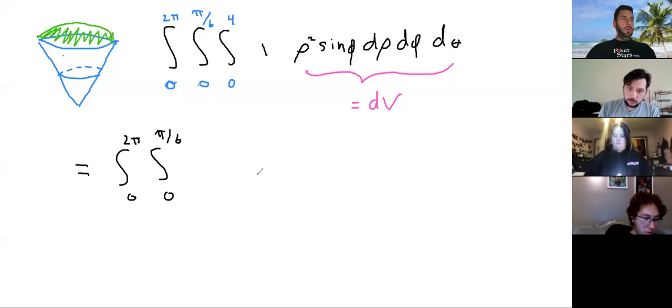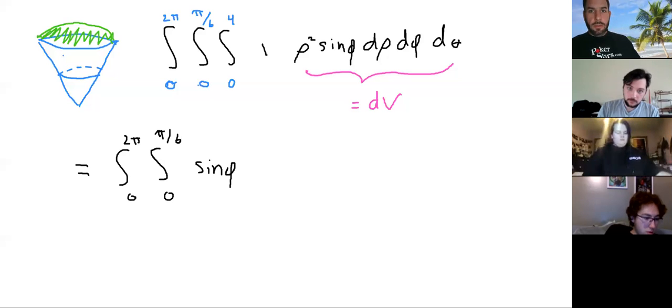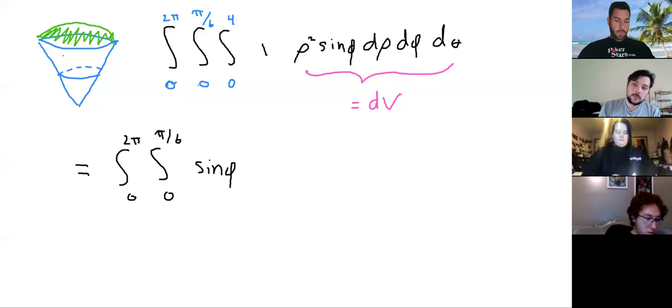So the first thing I'm going to do is integrate my rho. I'm going to take a different color here. Maybe I'll take green, looks lovely. So what is my integral if I integrate rho?